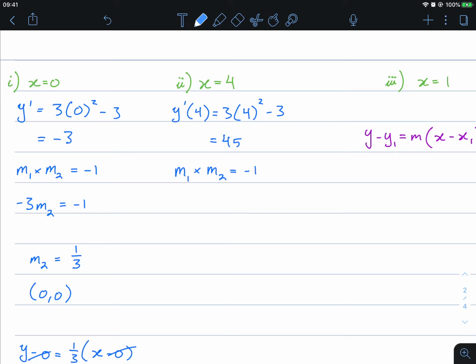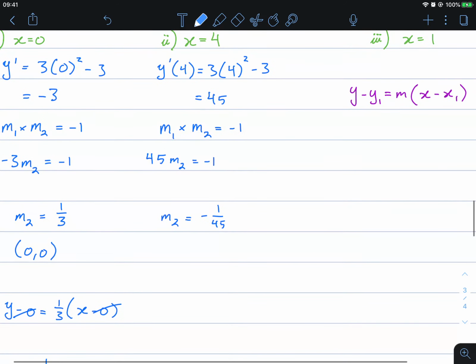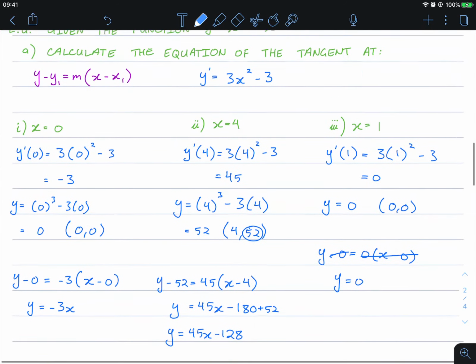Since we already have 45 as the gradient of the tangent, 45 times m2 equals -1. Solving for this gradient, we get m2 equals -1 on 45.